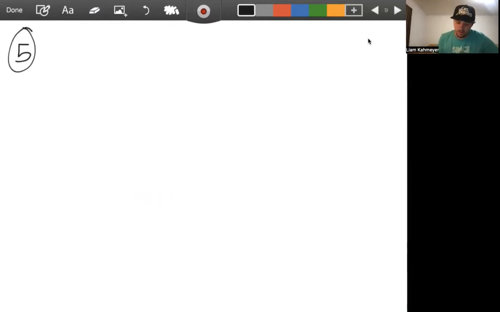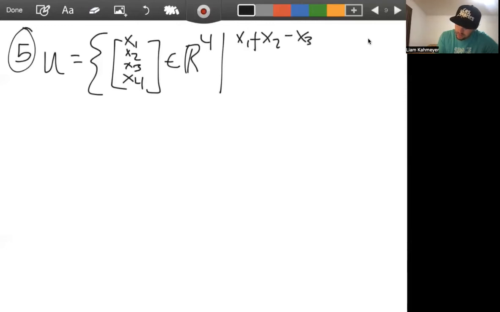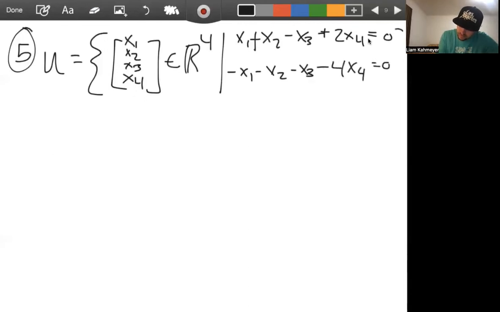So let's look at the next one here. We have U, which is given as the following set. It's a set of vectors x1, x2, x3, x4 in R4 such that x1 plus x2 minus x3 plus 2x4 is equal to 0, and negative x1 minus x2 minus x3 minus 4x4 is equal to 0.